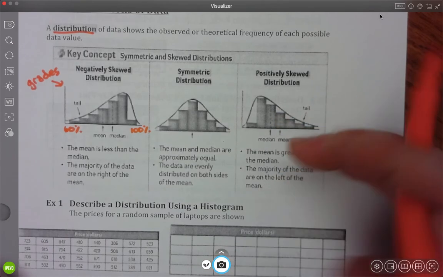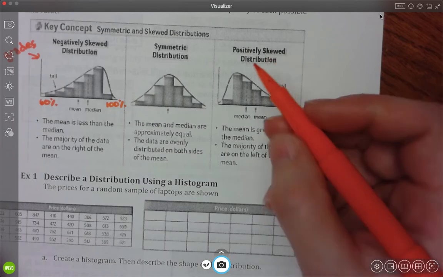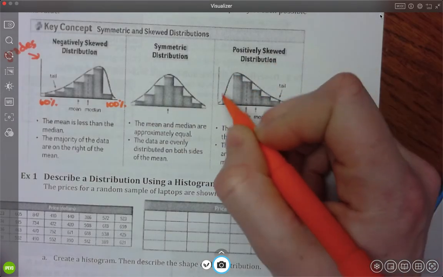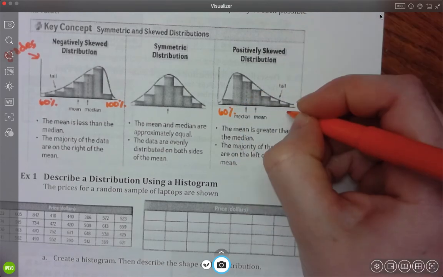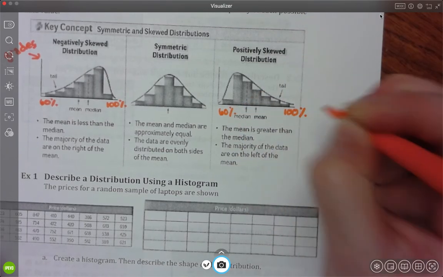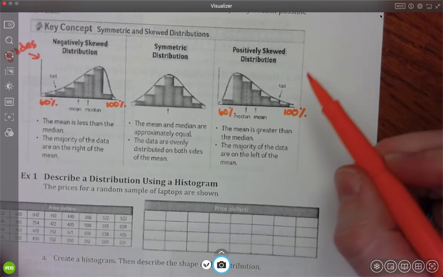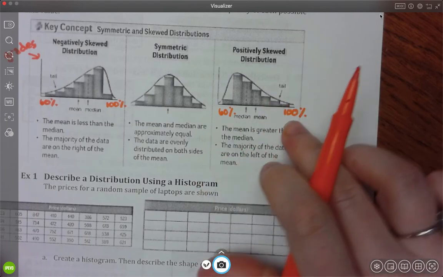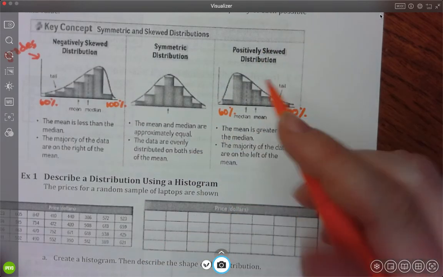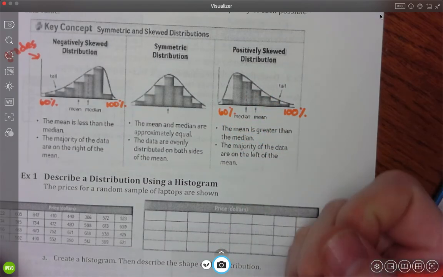A positive distribution is going to be the opposite of a negative distribution, where most of your data is down here in the 60%, and up here in the 100% you're not going to have quite as many. If you refer to it as grades, this is probably a poor student, because they have a lot of grades down here in the 60s and not as many in the 100%.